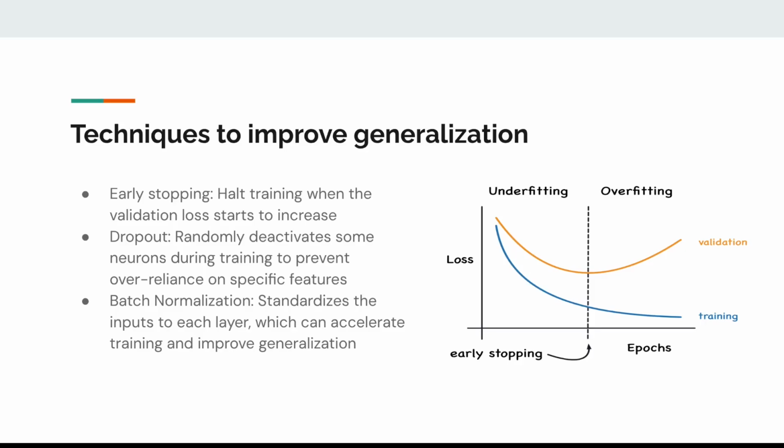The other technique is dropout, where we randomly turn off parts of the network during training to make sure it doesn't rely too much on specific patterns. Then the final one is batch normalization. This is making sure each layer receives data in a standardized way so that learning is smoother. These techniques help ensure the models perform well on new data.